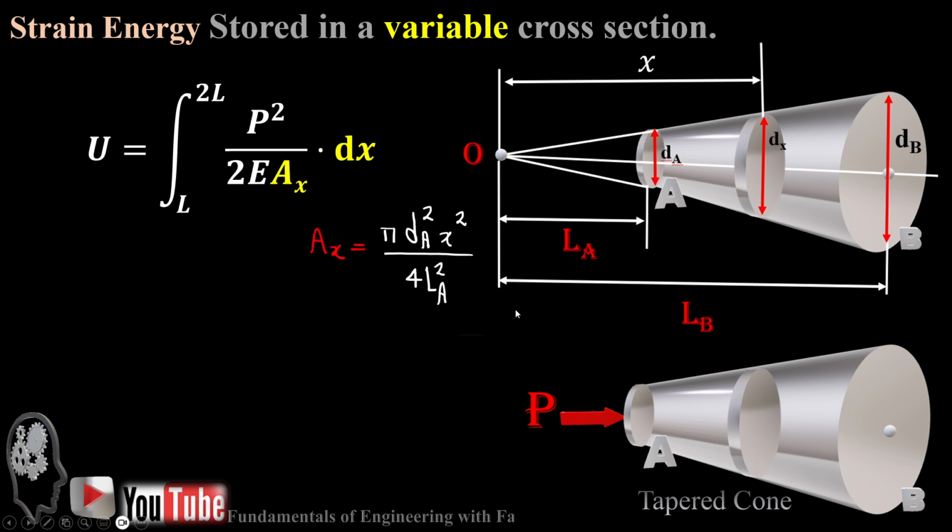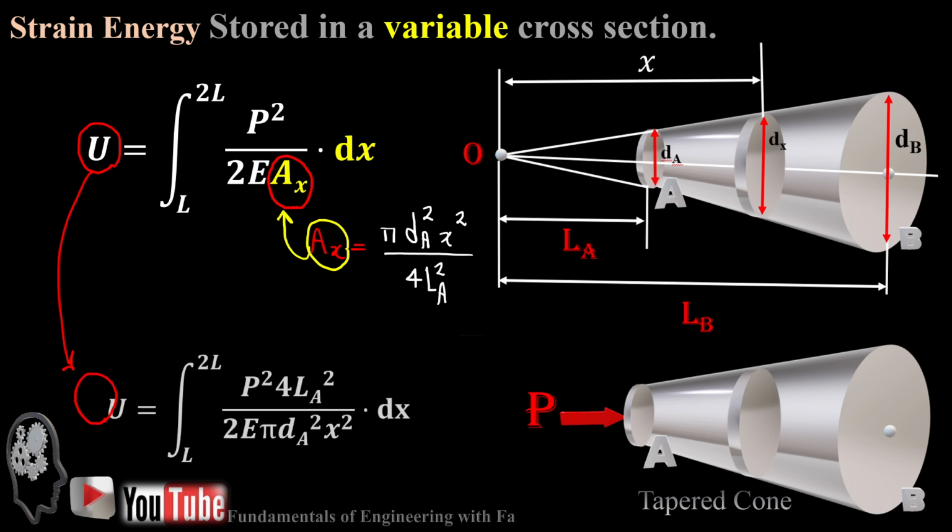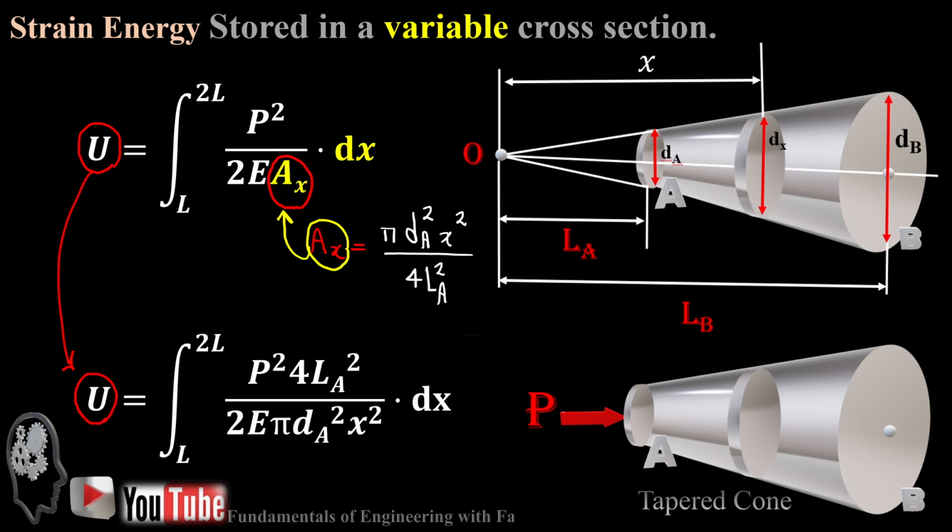And we already calculated the parametric format of Ax, which gives us this equation. Replace this in the main equation, then rewrite the equation of U. It just gives you this equation, the bottom one for U.